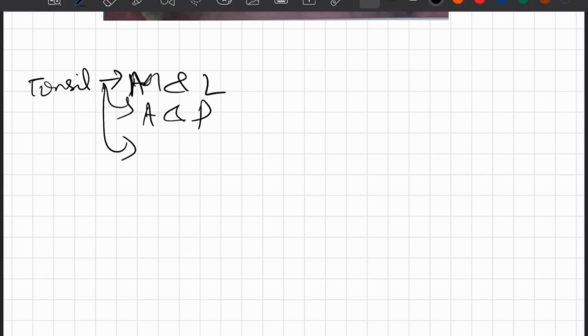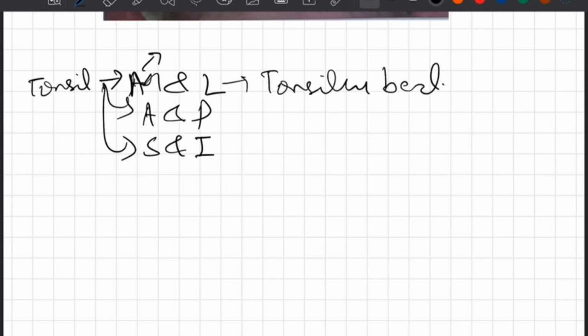The tonsil is a lymphoid organ which has two surfaces, medial and lateral, two borders, anterior and posterior, and two poles, superior and inferior. The medial surface is lined by stratified squamous epithelium, and the lateral relations are the tonsillar bed discussed earlier in the video.